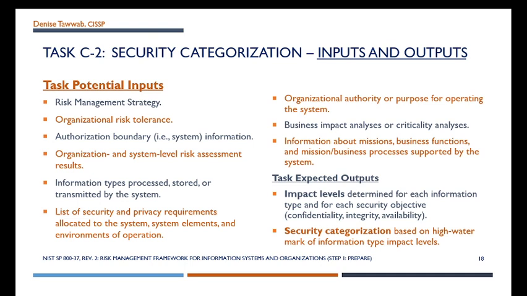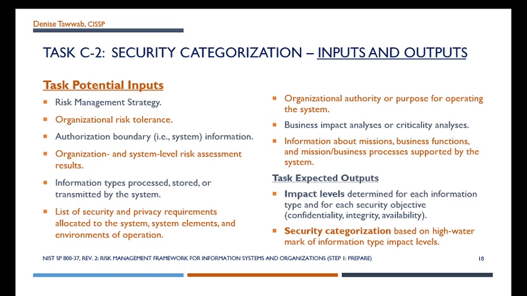You want to determine whether the system is low, moderate, or high with respect to confidentiality, and then with respect to integrity, and then with respect to availability. And the security categorization of the system is going to be based on the high watermark of the information type impact levels.